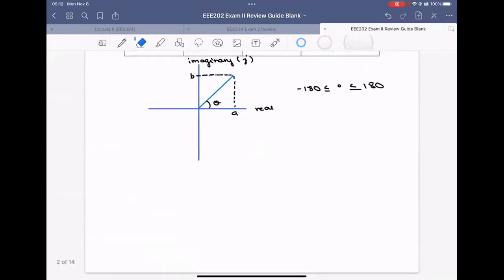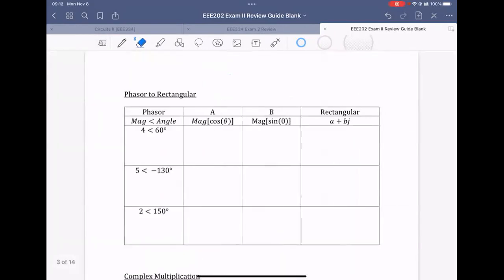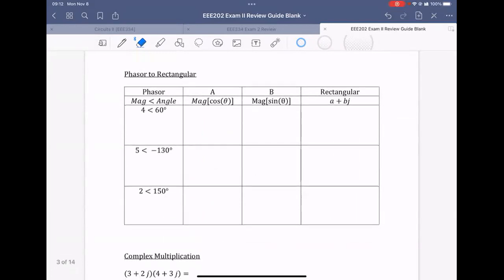Now the next one is the same kind of form, phasor to rectangular. You can do what we did in the calculator, or you can do the magnitude times cosine of the angle, plus the magnitude times sine of the angle.